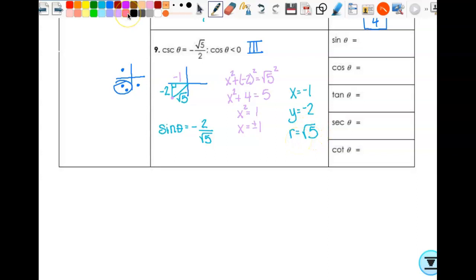All right, so use that information, and I'll give you a minute to get ahead of me. And then I will write these up here without saying anything. I want you to finish first and then look up here. Okay, so find sine, cosine, tangent, secant, and cotangent.